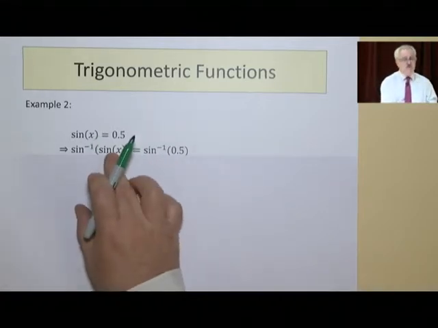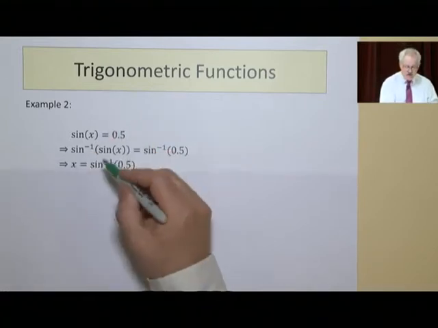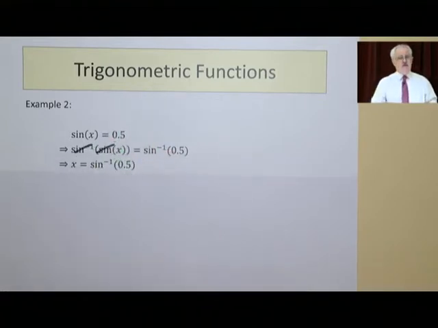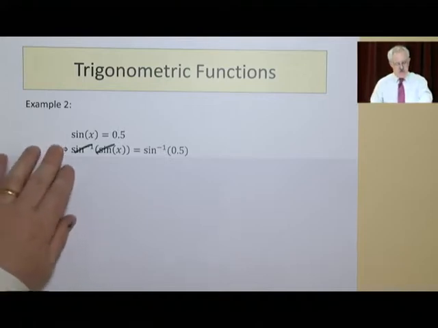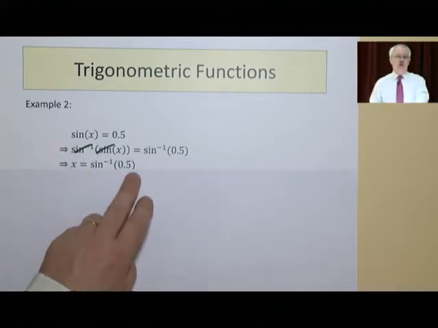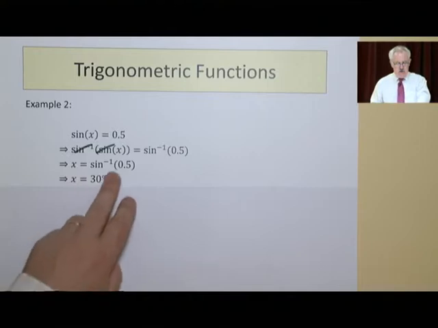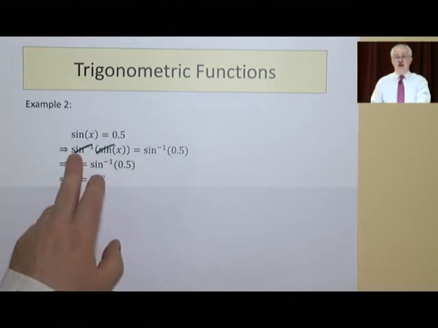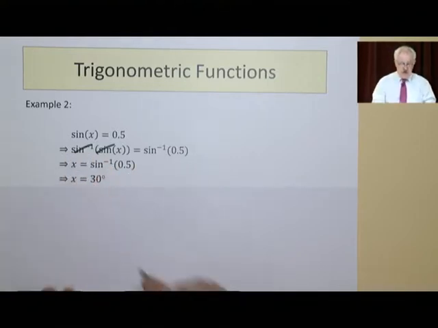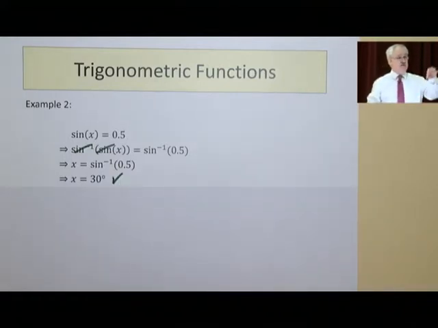And the sine inverse of a sine, I don't really care what it is because all I know is they cancel each other out. That's why I chose it. So x is now sine inverse 0.5. 0.5 calculator, press sine inverse or inverse sine, and I get x is 30, provided I have the calculator set on degrees.